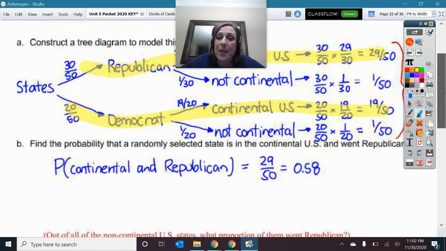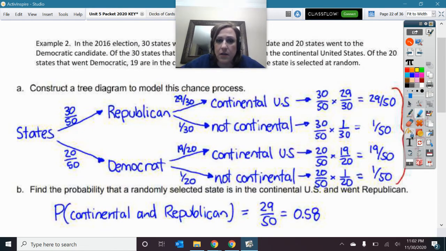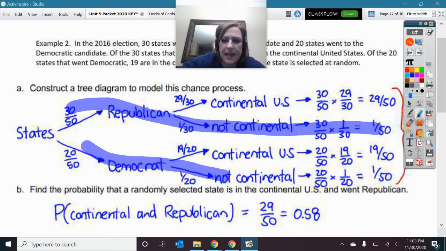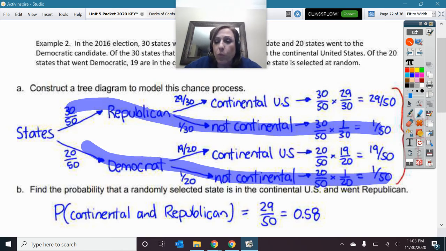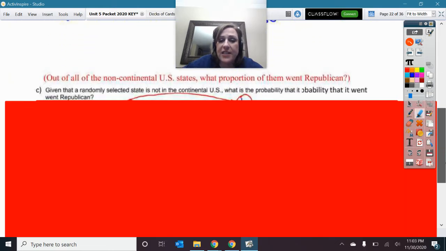That's going to say, out of all of the non-continental United States ones. So here we go. That's this and this. There's the non-continental United States. So the denominator is the 1/50th plus the 1/50th.